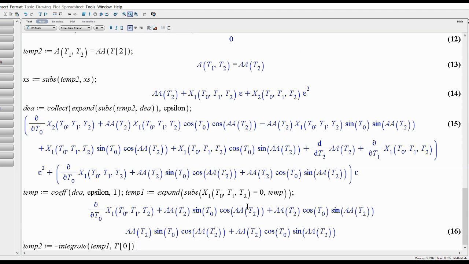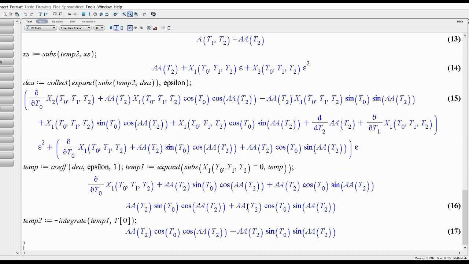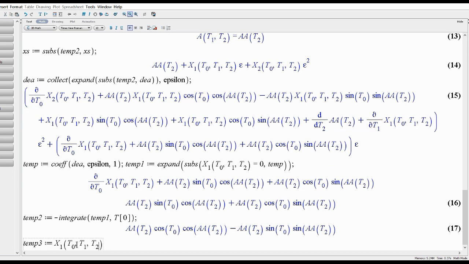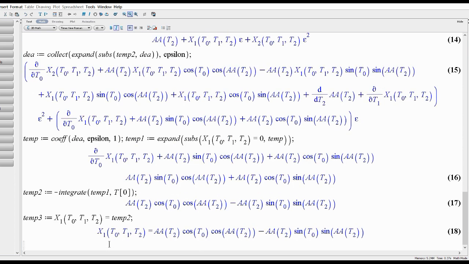This is an indefinite integral. Okay, there it is. And then we say temp 3 is equal to this one equals temp 2. Then we say xs is equal to substitute temp 3 in xs.